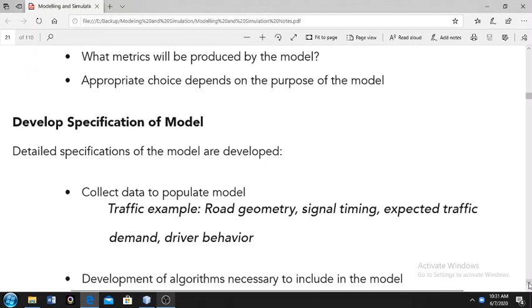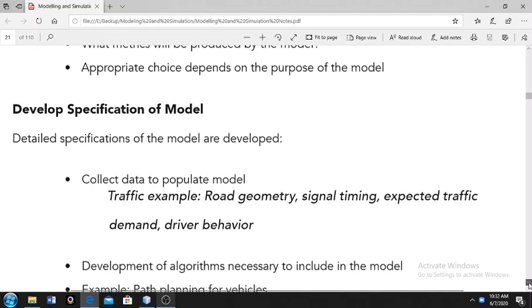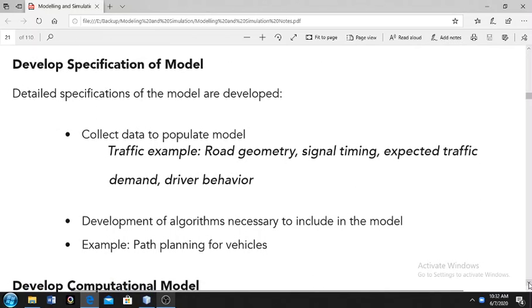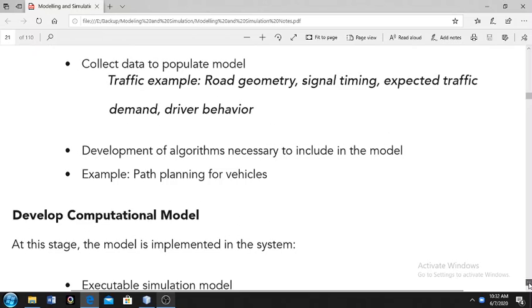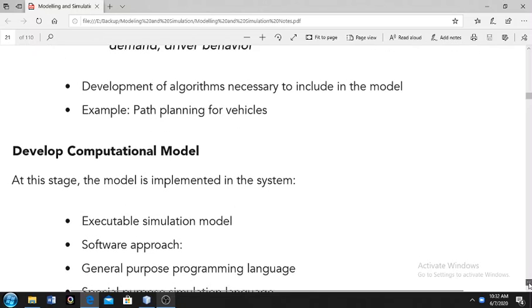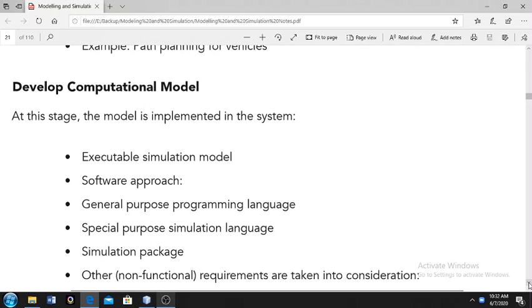Develop specification means moving more into the details. So a detailed specification of the model is developed. Collect data to populate the model. Develop the algorithms necessary to include in the model. And then the computational model. At this stage, the model is implemented in the system.